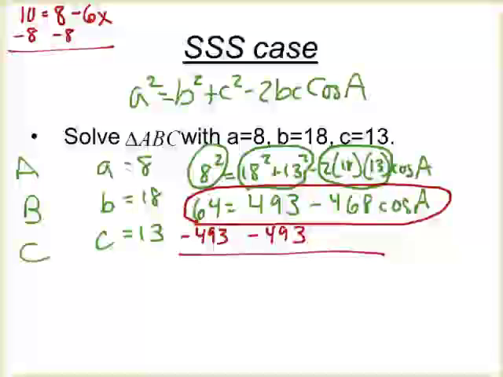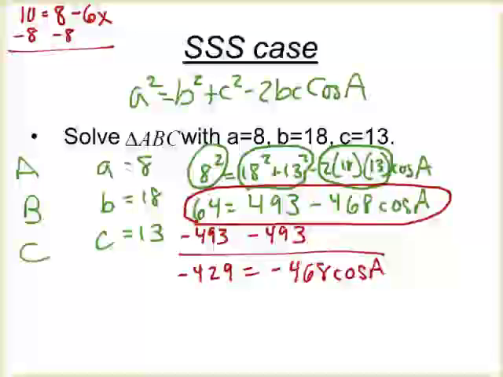You could add the 468 over to the other side, but then we're still not any closer to having the variable alone. So it's better to do the 64 minus the 493. So it gives me negative 429 is equal to negative 468 cosine of A.